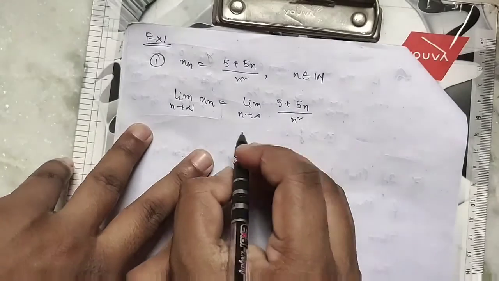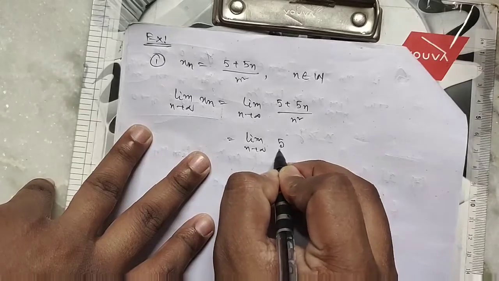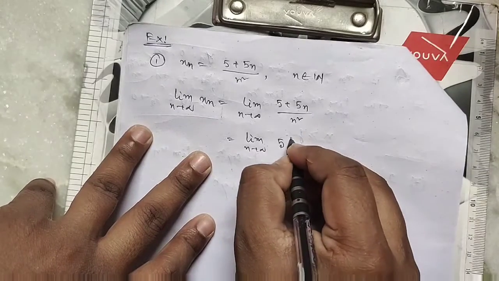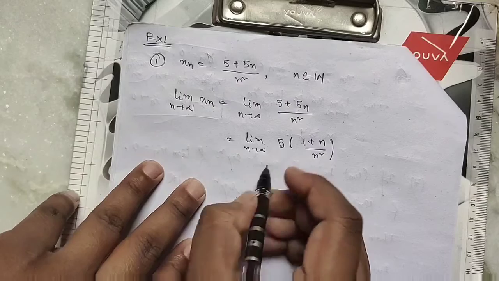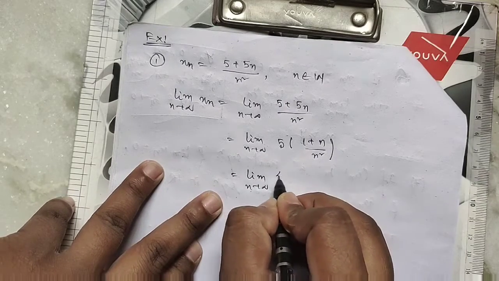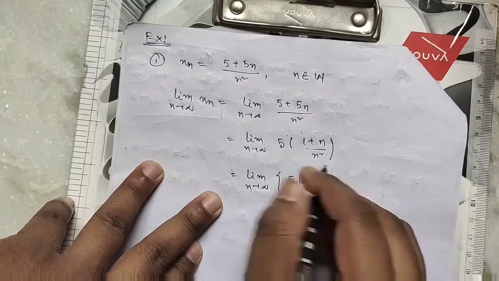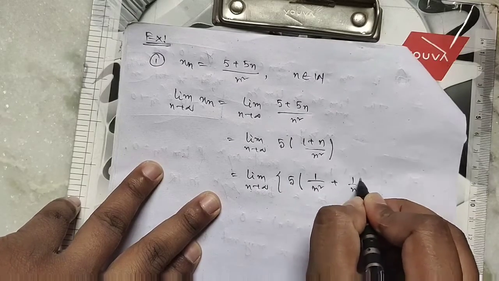Okay, so this equals limit n tends to infinity, we can take common 5, then 1 plus n by n square. Okay, so limit n tends to infinity 5 into 1 by n square plus 1 by n.